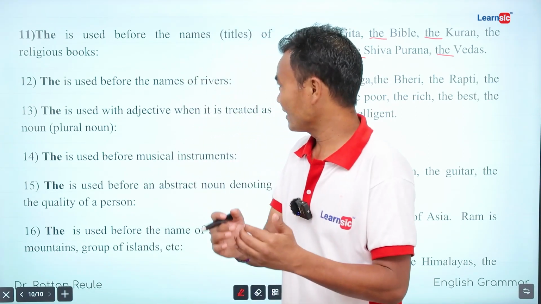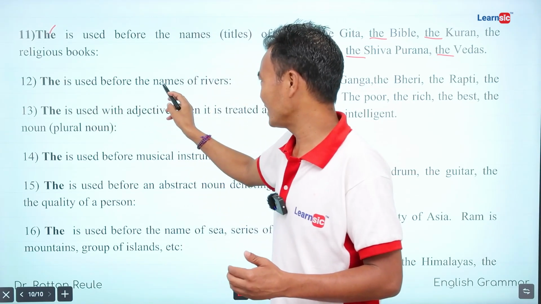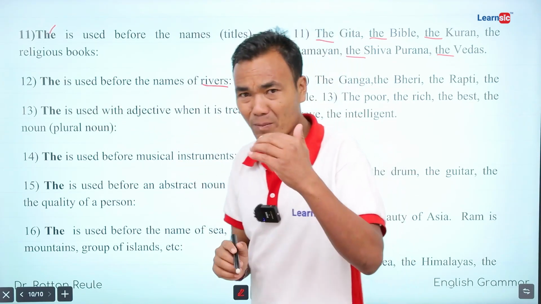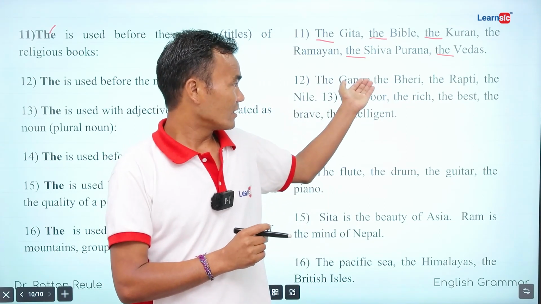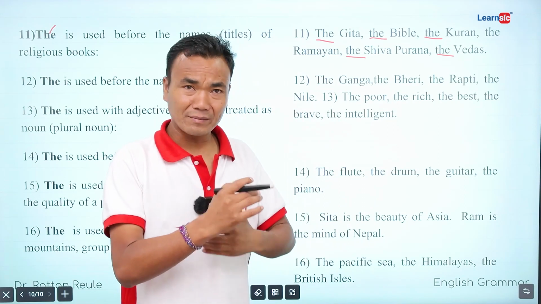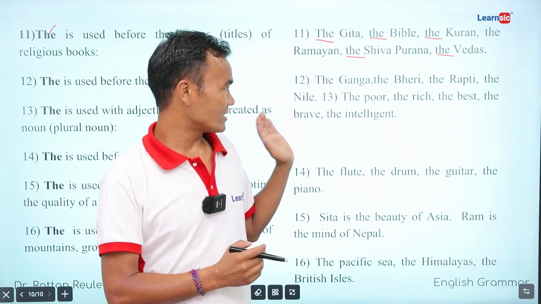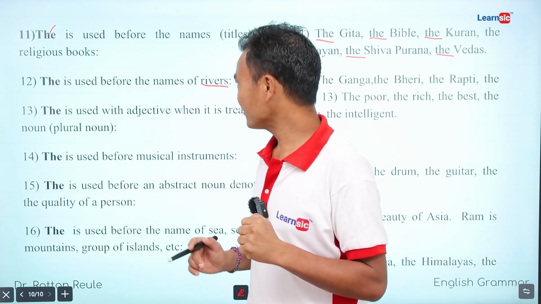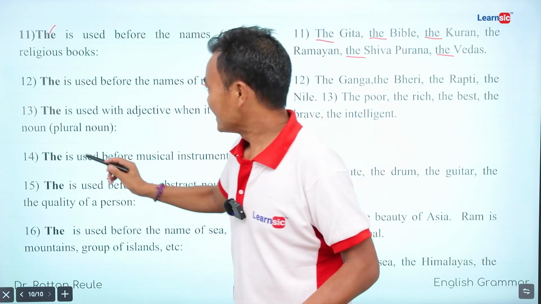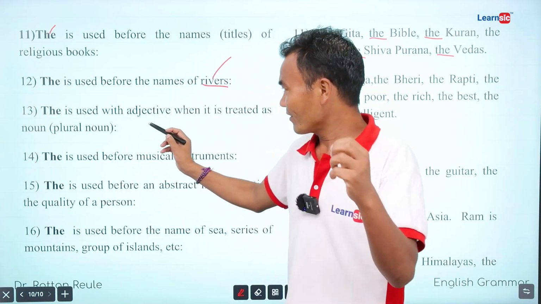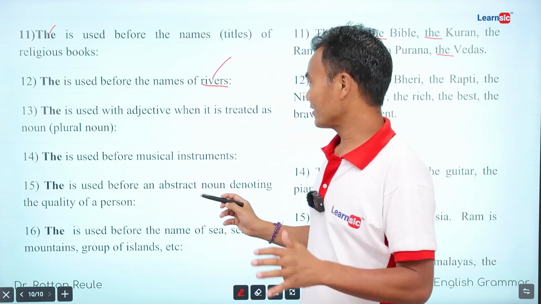And similarly, the is used before the proper names of rivers. We have the Ganga, the Bheri, the Rapti, the Bagmati, the Narayani, and the Nile, etc. That's a wonderful use of the before a proper name. The is used, my dear class, with adjectives when they are treated as what kind of noun?